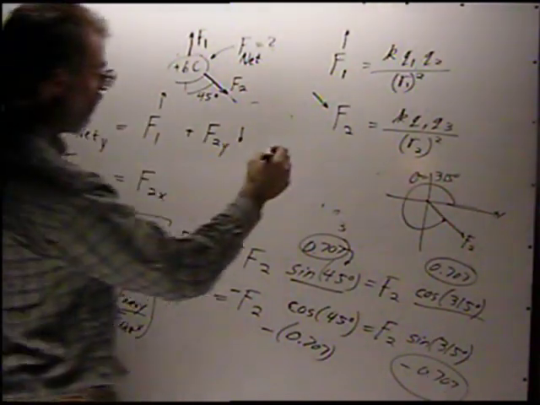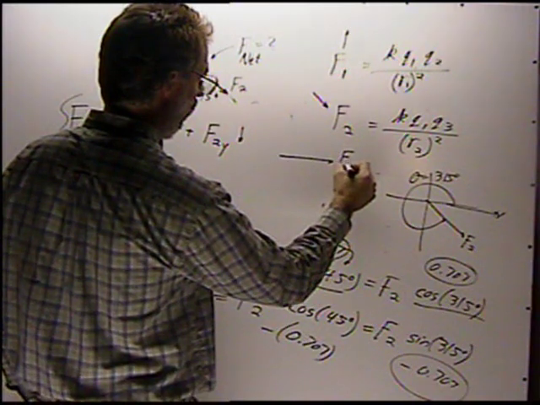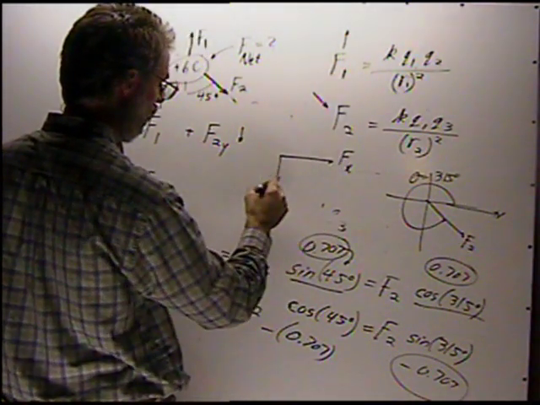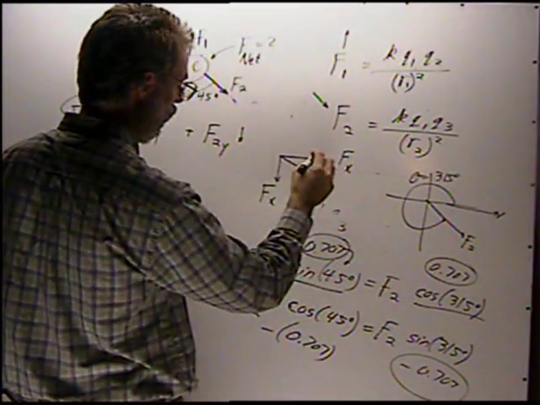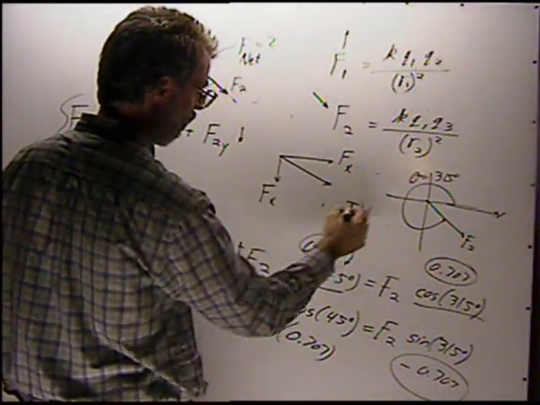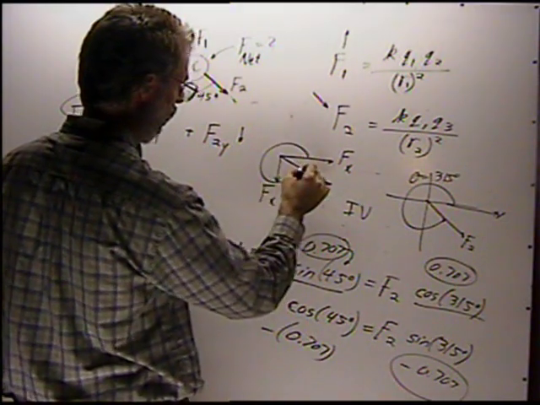So basically we have the F of x one way, and the F of y going down, and we know that the resultant is going to be in the fourth quadrant, like that.